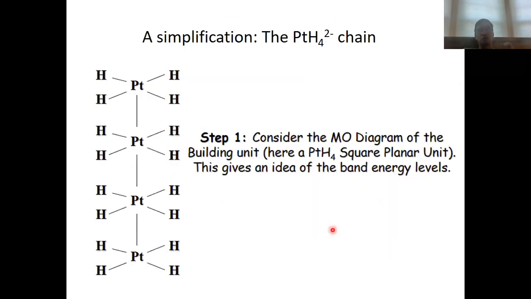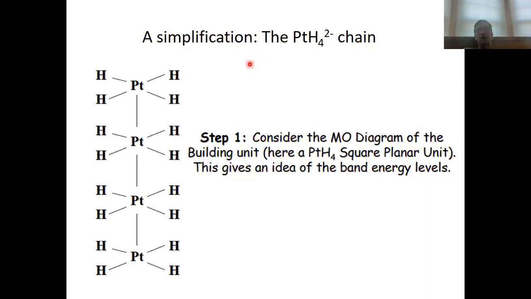Okay, in order to do this, let us make one simplification. Let us, in a thought experiment, substitute the cyano ligands by simpler hydrido ligands that would form a one-dimensional PtH4 2- chain.